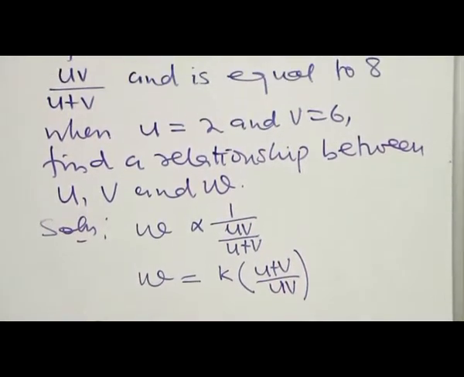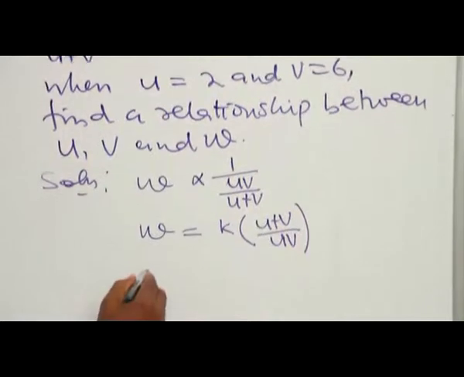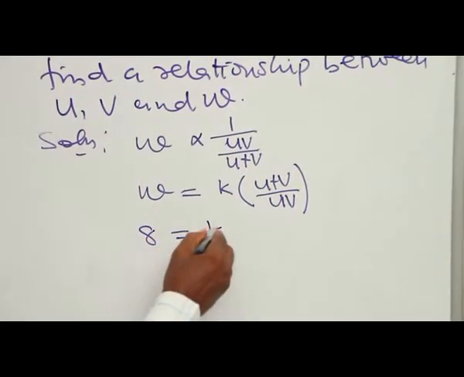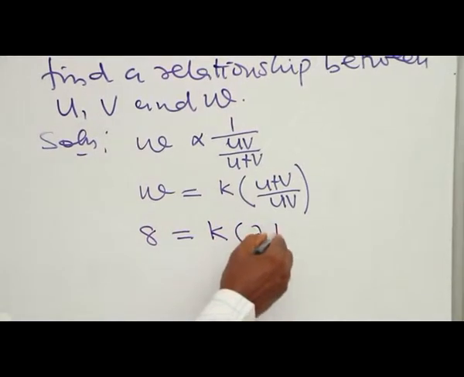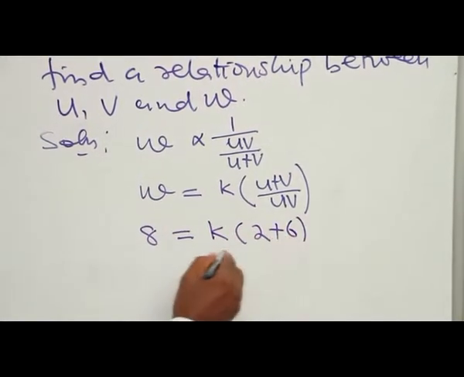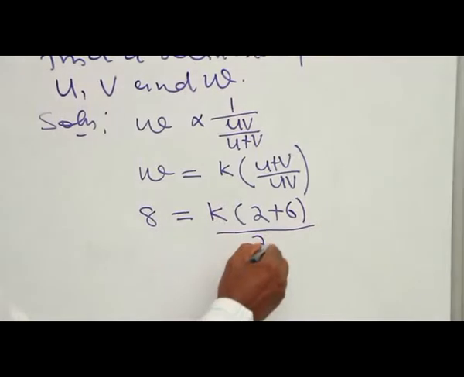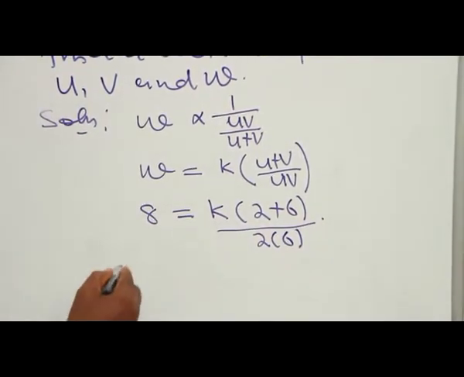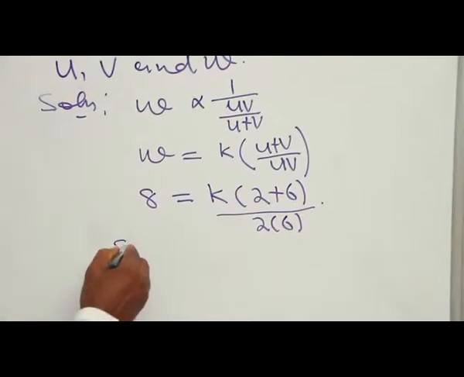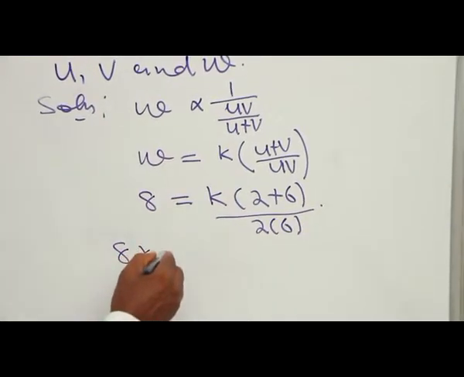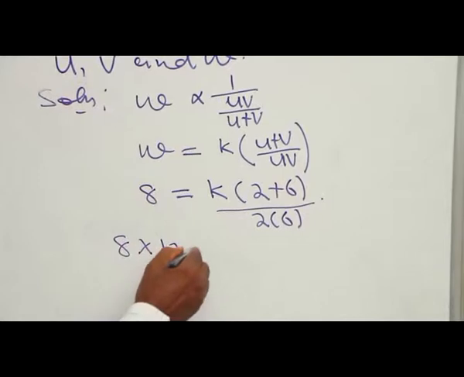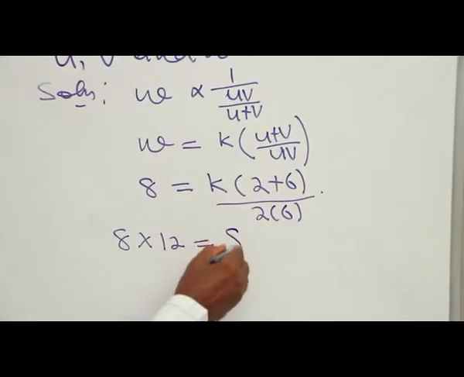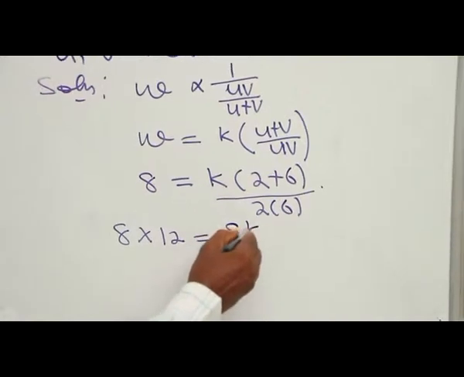The next statement says that when w is equal to 8, our u is 2, our b is 6, and then our ub is 2 times 6. And this means 8 equals k multiplying 2 plus 6, all over 2 times 6 which is 12, and by cross multiplication, 2 plus 6 is 8, and then this is k.